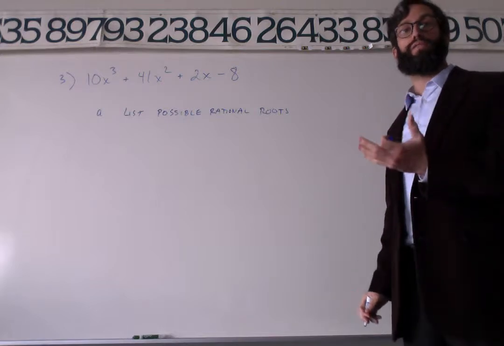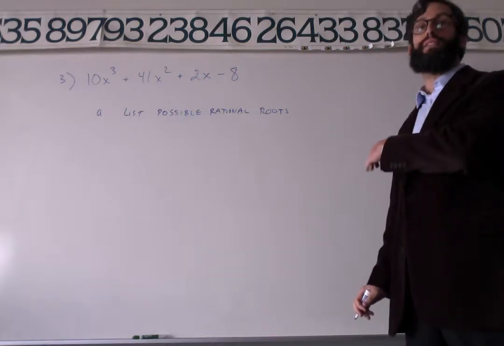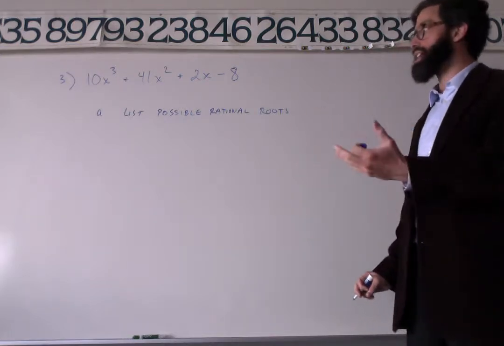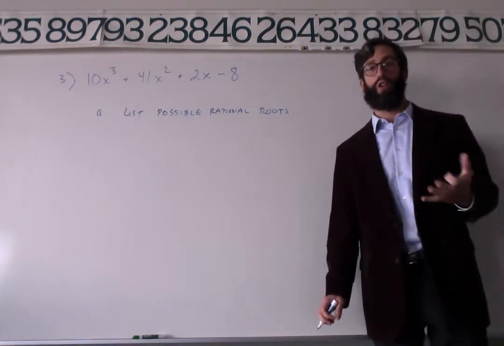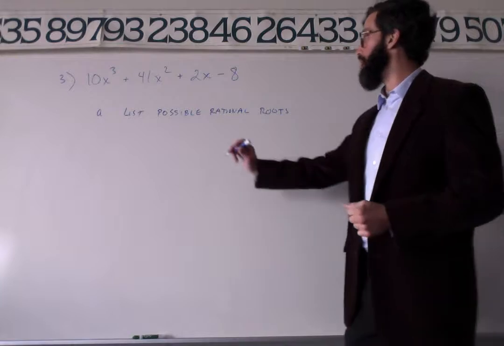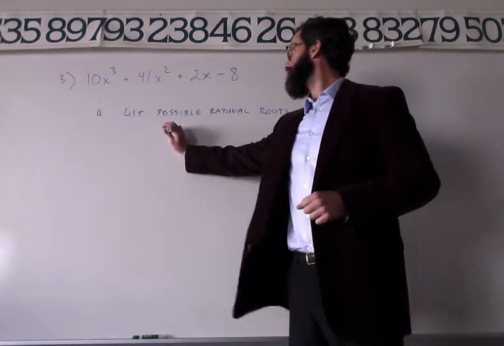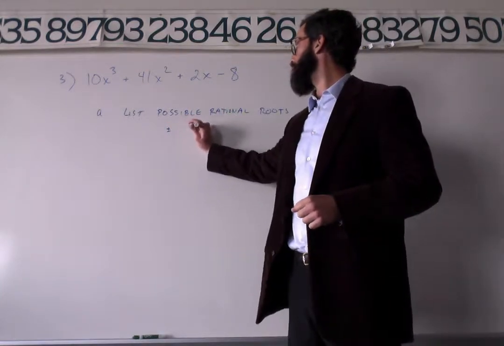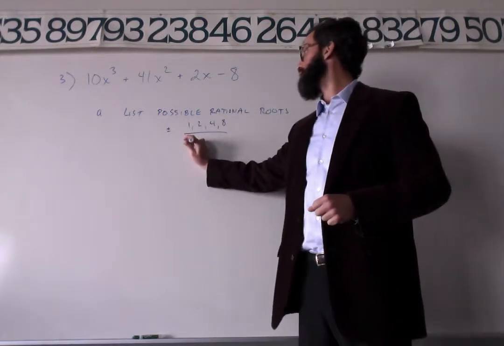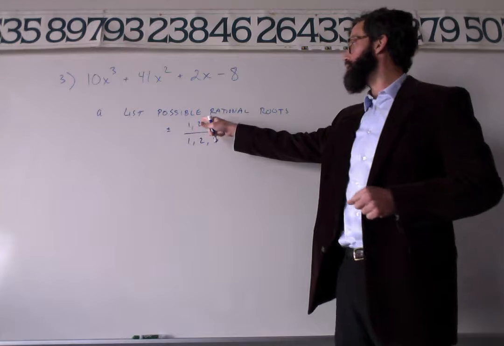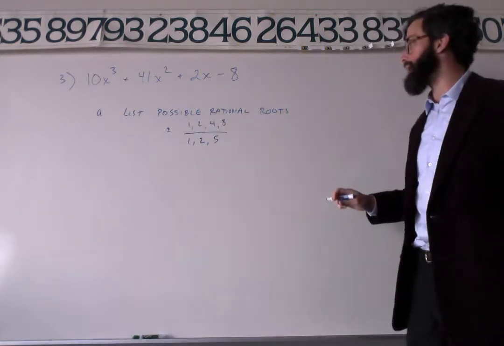We take factors of the last coefficient and divide them by factors of the first coefficient, and that's how we find all of the potential rational roots. The reasons for that I'm going to go over in class, if I haven't already done so. We have factors of 8: 1, 2, 4, and 8. Factors of 10 we have 1, 2, and 5.